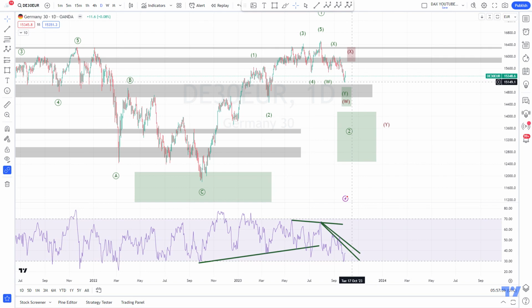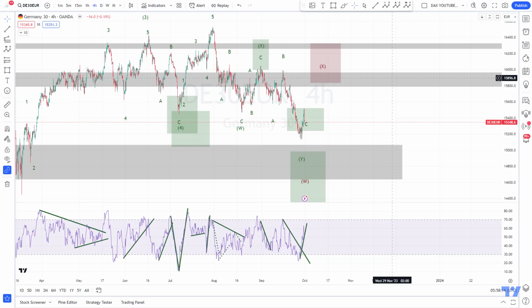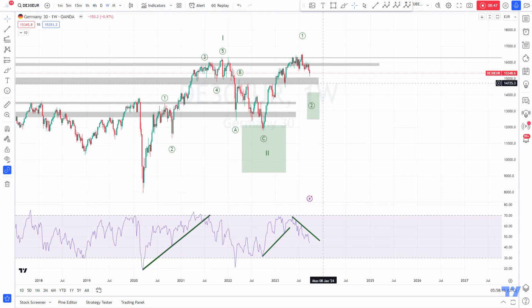How can you protect yourself against this? Well, we are in a downward cycle in the higher time frame. You don't trade against the higher time frame, so it means you only take short trades as long as we are in this cycle.